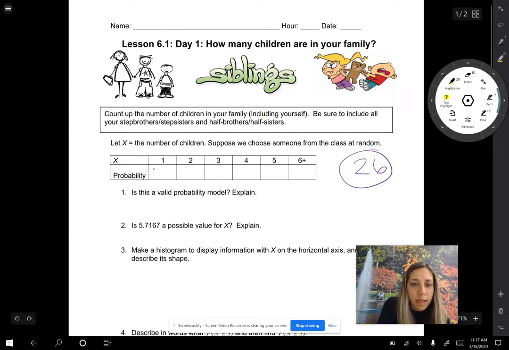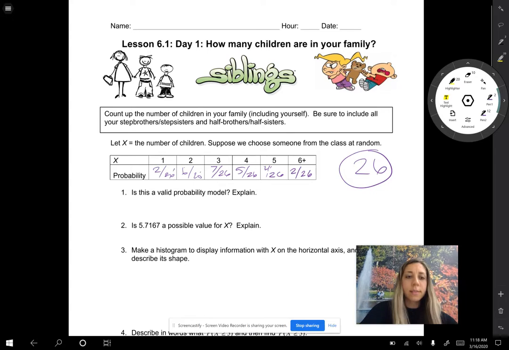So we'll say 2 out of 26 have one sibling, 6 out of 26 have two siblings, 7 out of 26 have 3, 5 out of 26 have 4, 4 out of 26 have 5, and 2 out of 26 have 6 or more.